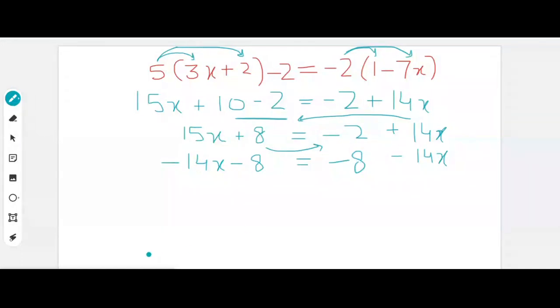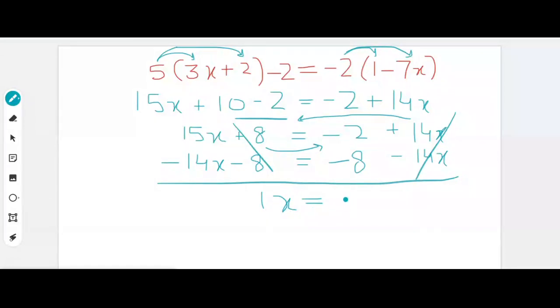So you can see that 14x minus 14x equals 0, cancelled, and 8 minus 8 will also be cancelled. What is left over, we can write it here. 15 minus 14 is 1x. You can write here 1x or only x. If x doesn't have any coefficient, it means it has one as its coefficient.